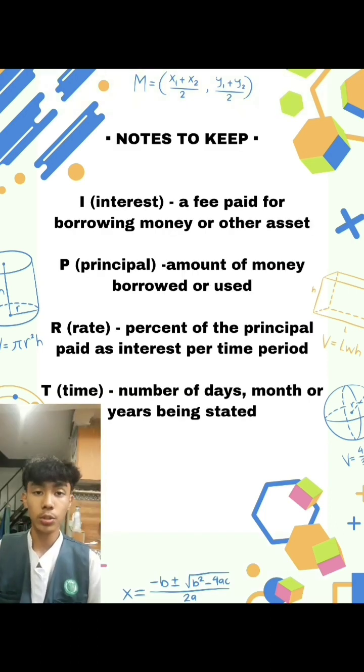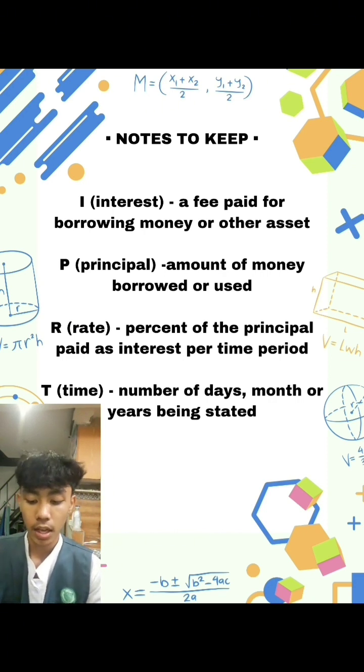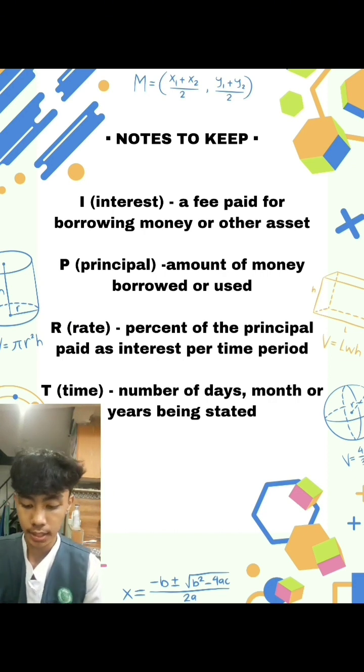So, as we proceed to our discussion, I want you all to keep this in your mind. I stands for interest. Interest is a fee paid for borrowing money or other assets. P stands for principal.